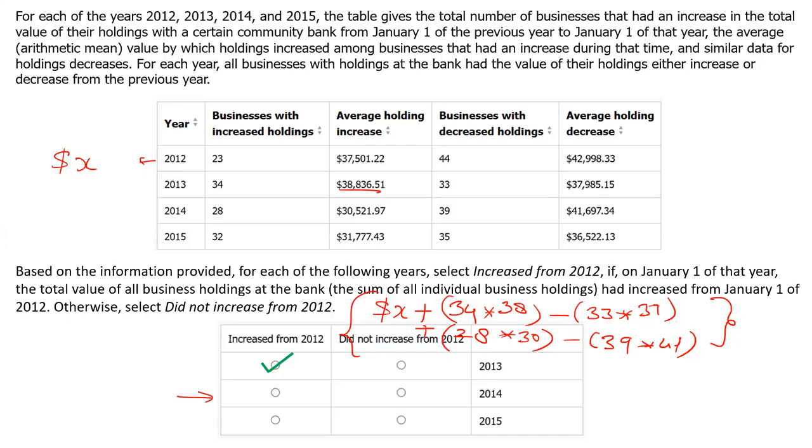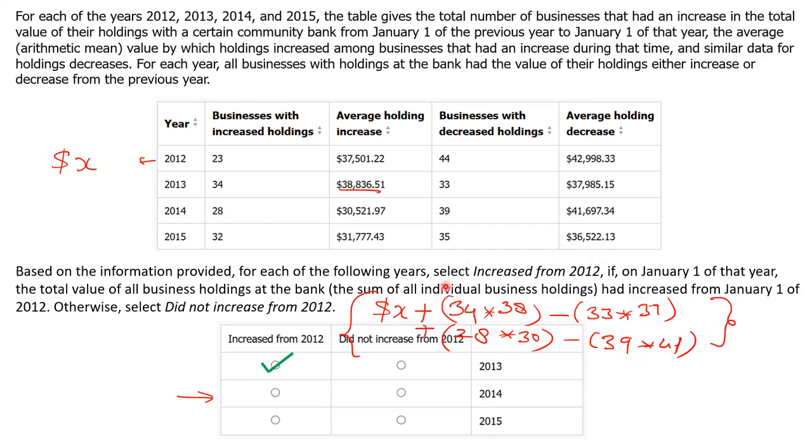Now, if you look at this, we are adding a small value, right? And we are subtracting a humongous value here, 39 into 41, right?